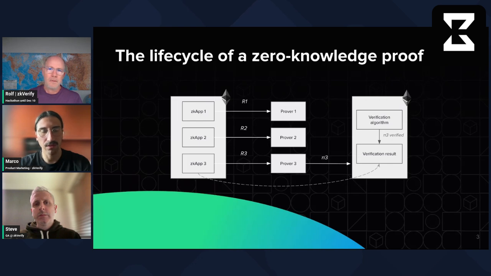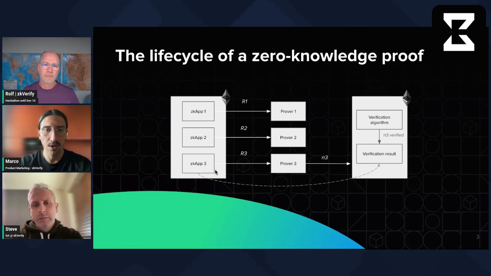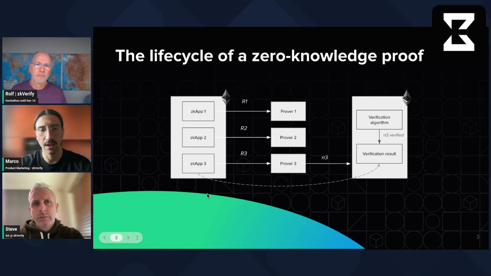And if you want to go through a practical example, we can consider the whole life cycle of a zero-knowledge proof, bringing what I said before to a blockchain-related example. So on the left, we have a few zk apps on the Ethereum blockchain. And if we take as instance the zk app number 3, we have the zk app with its own business logic in the smart contracts.